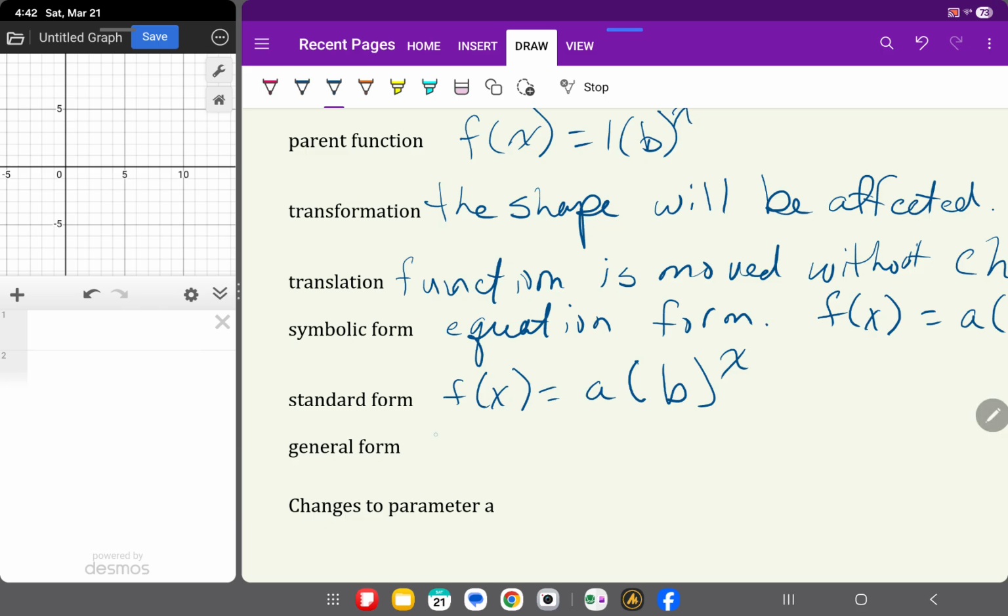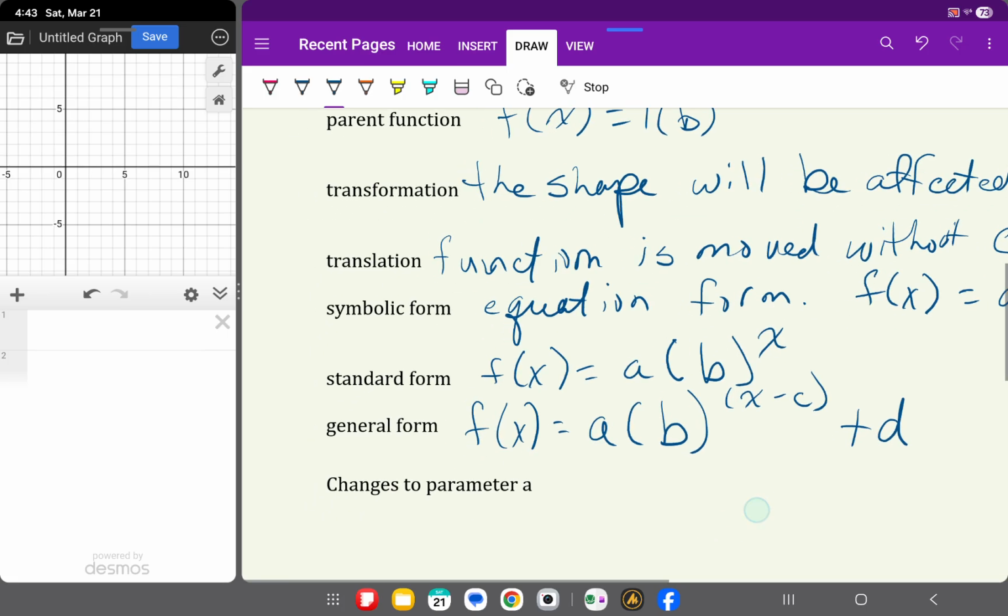Our function is going to be f of x equals a multiplied by b raised to the x minus c power plus d. Two of these parameters will deal with the x and y axis, and the other two will deal with the stretching or compressing of the function across the x-axis or the y-axis.